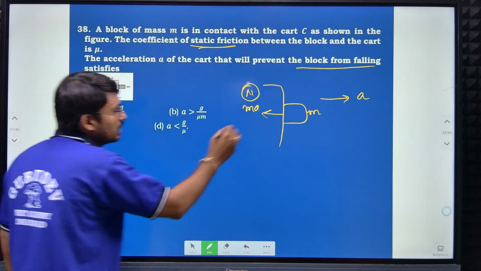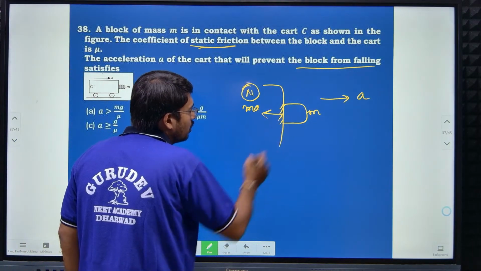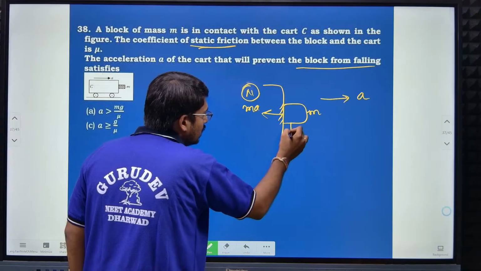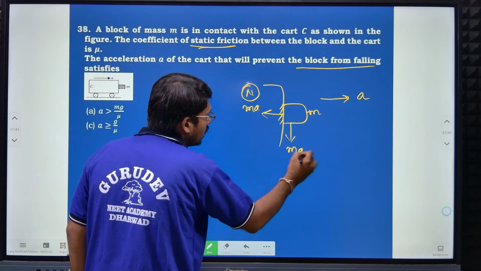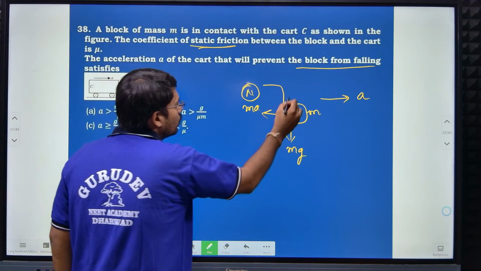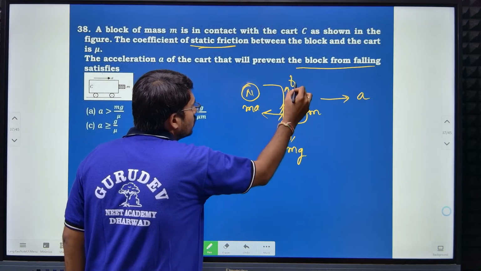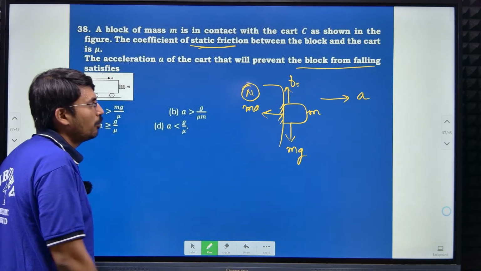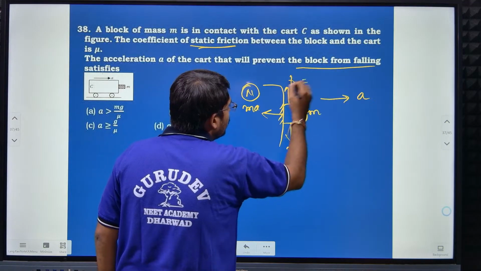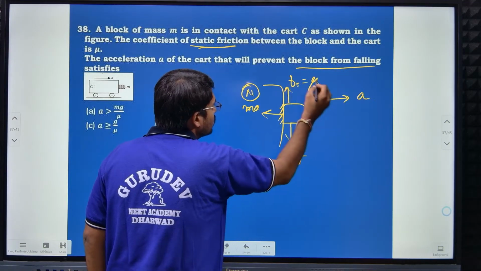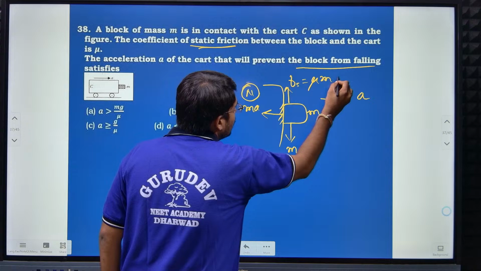Because this is the point of contact, and generally we know that mg is acting in the downward direction. As a result, here we will have the opposition, that is the static friction in the opposite direction. We will be writing these equations. For maximum friction we can write mu times m into a.